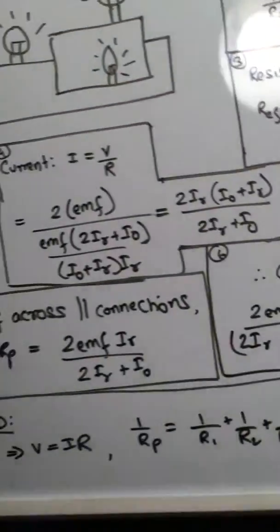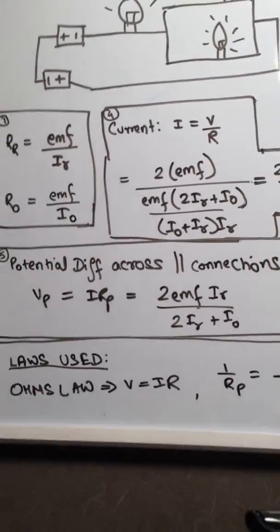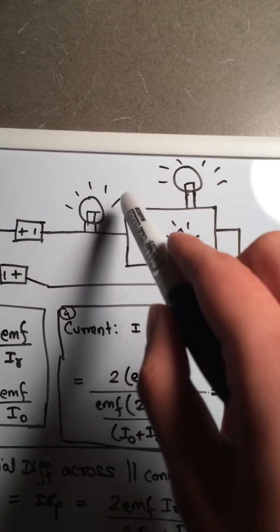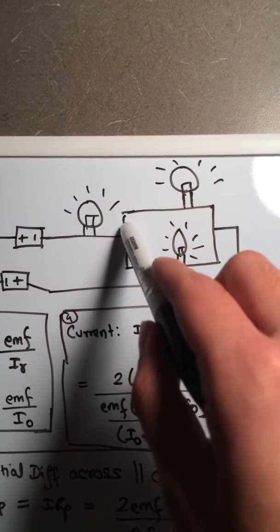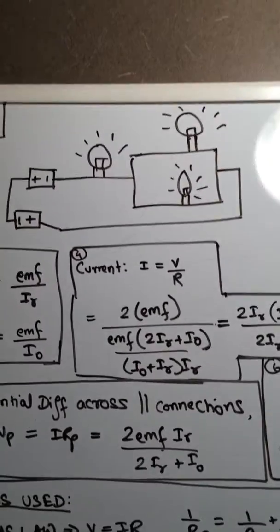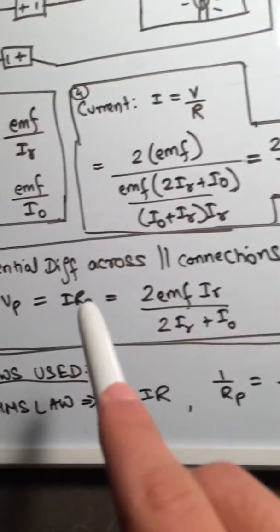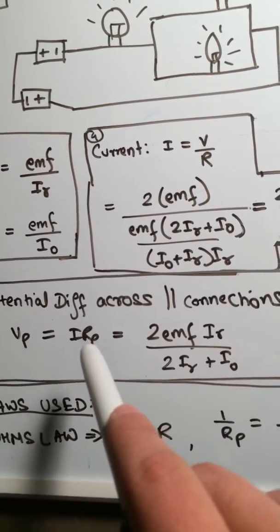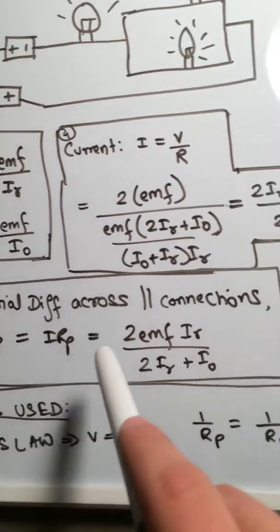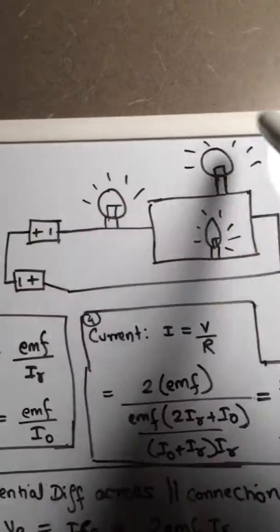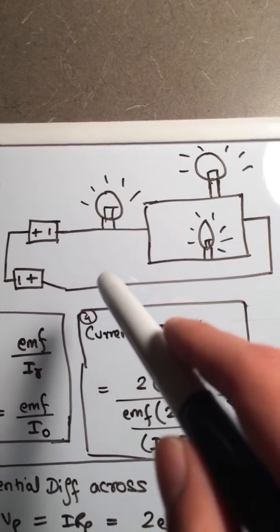Step 5, we need to determine the potential difference across the parallel connections. That is, what's the potential difference through the circuit when we go from this point to that point over the area. So potential difference is equal to I times R, and the current throughout the circuit is constant.